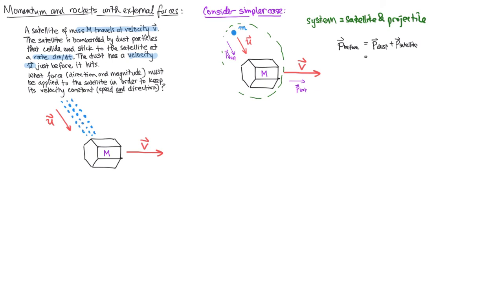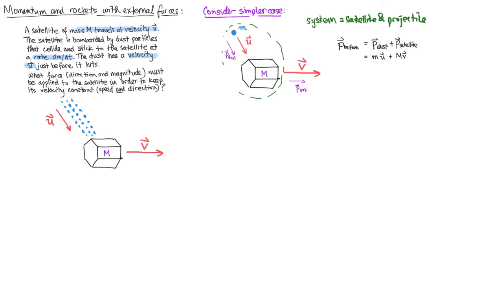The momentum of the dust is just its mass, little m, times its velocity u, plus the mass of the satellite times its velocity v. But notice u and v are not parallel. This is a full vector equation, and so the direction of p dust plus p satellite is not going to be to the right, and it's not going to be parallel to the dust, but a combination of the two.